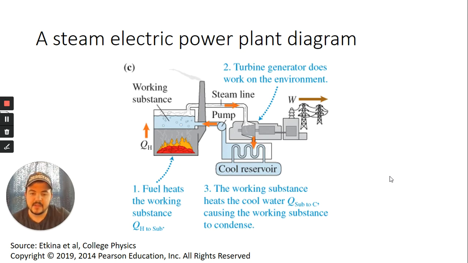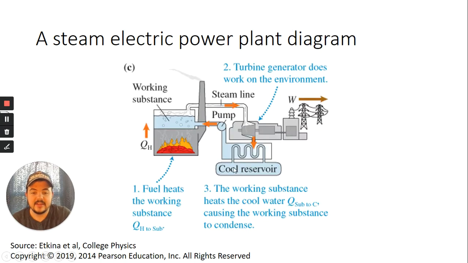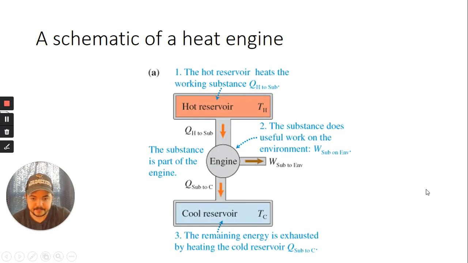All right, here's a schematic of this, more abstract but easier to look at and draw. Hot reservoir, this is our coals in the picture before. This is what we're burning. Cold reservoir, that's what's doing the condensing over here. And then we've got the engine, which is the substance. This is the water. So three things: coals, the thing doing the condensing, and the substance here.